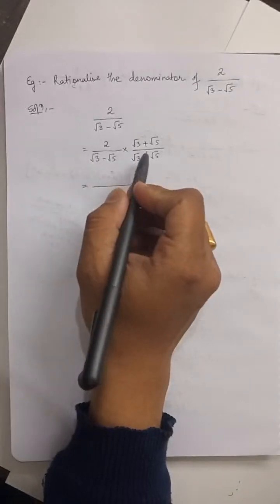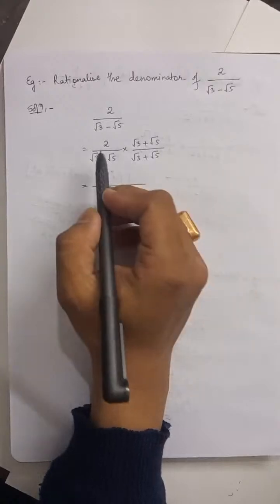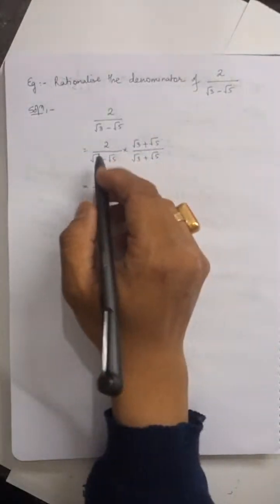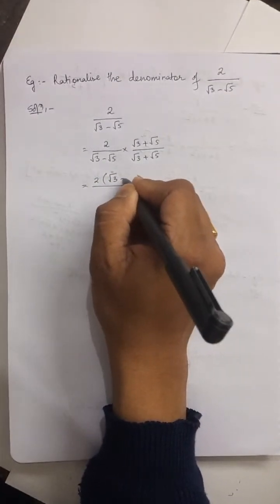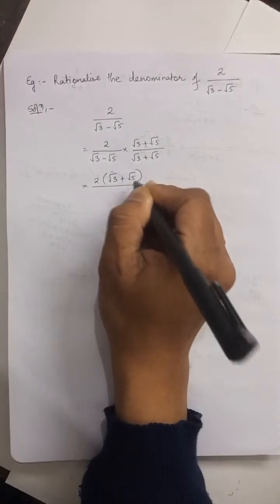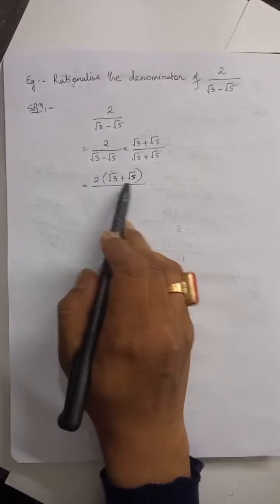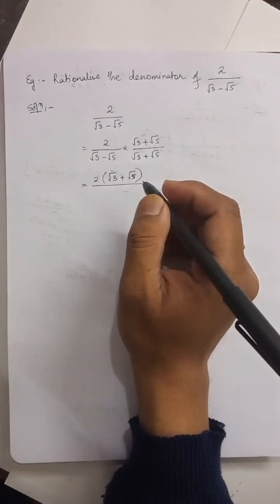So 2 multiplied by root over 3 plus root over 5. We are multiplying the numerators with the numerator and the denominator with the denominators. Okay. So 2, we'll just keep it in this form. If you want, you can multiply 2 root over 3 and you can write 2 root over 3 plus 2 root over 5, but it is simply wastage of time, nothing else.